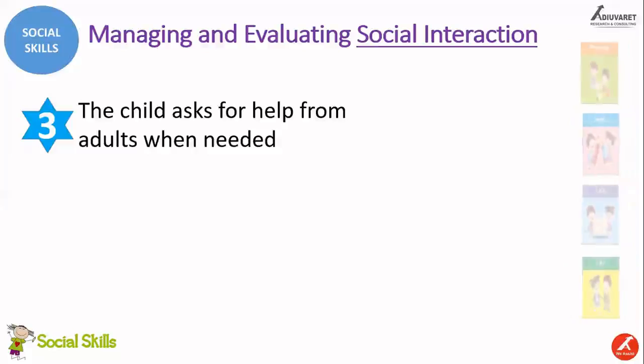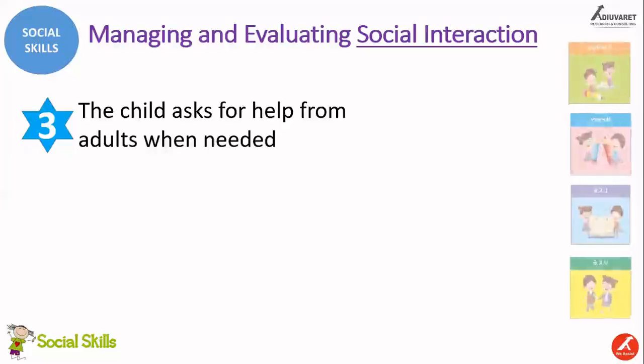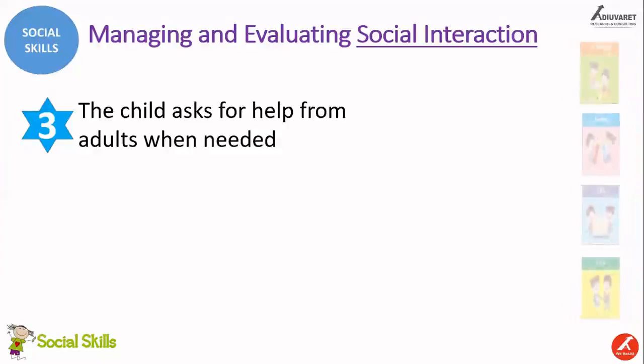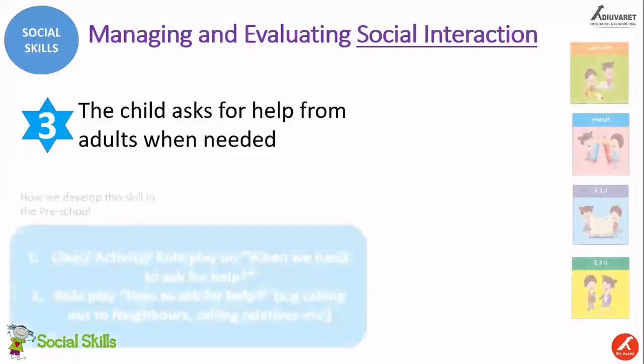So if this skill can be improved in the preschool years as a very important social interaction skill, then we are in fact making our child open and frank, able to come forward and talk about problems. It's a very important skill.